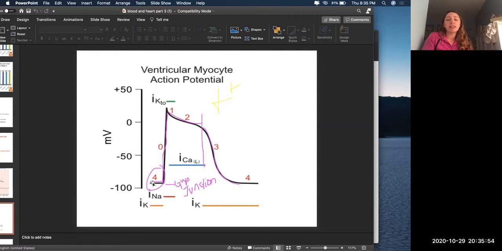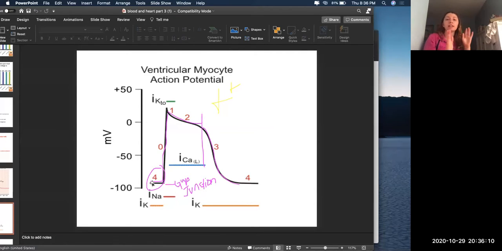Okay, so it just kind of sits at negative 85 millivolts. It's the resting membrane potential, kind of sits there, chills out, and waits for the action potential to be fired so it can depolarize from the nodal cells to these myocytes.